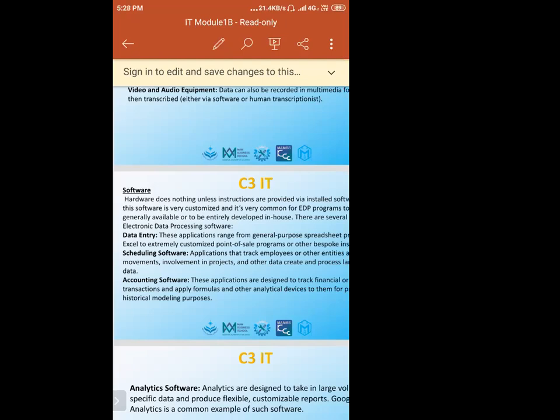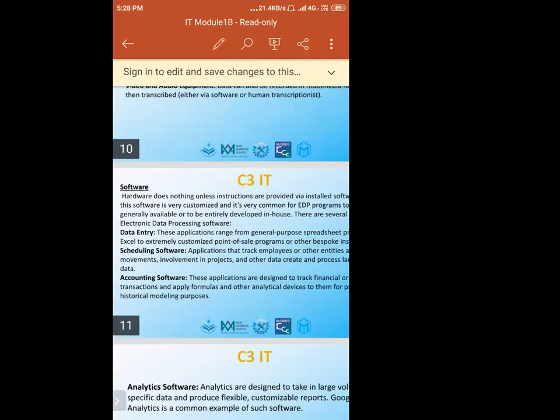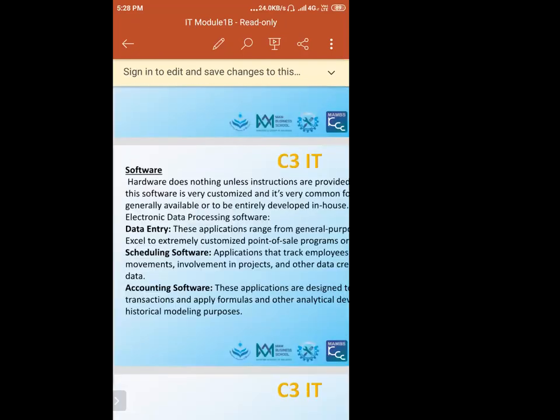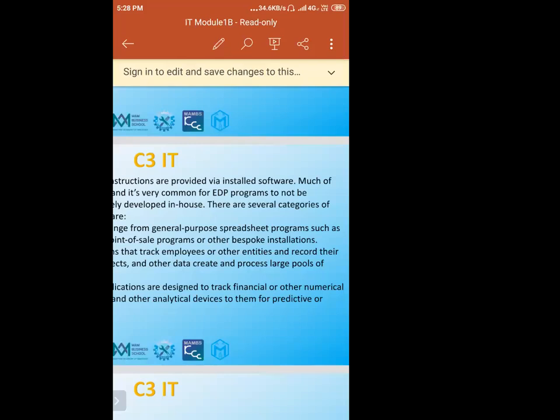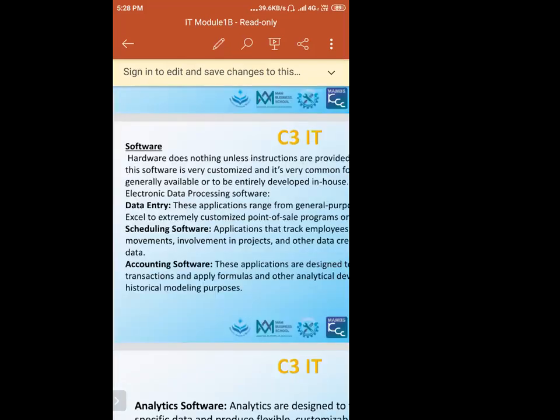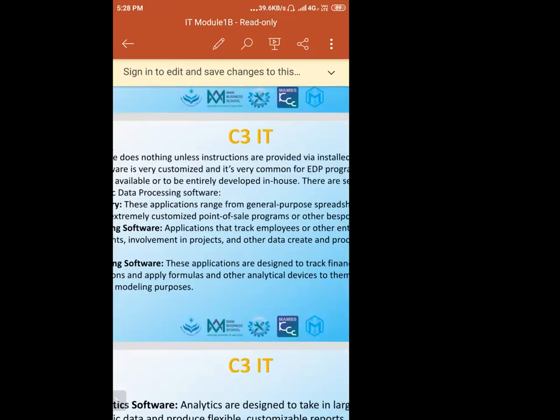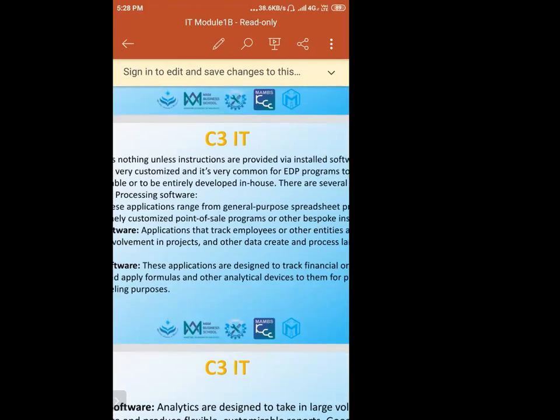Then scheduling software. Next, which one? Scheduling software: an application that tracks employees or other entities to record their movements or involvement in a project and other data, to process a large pool of data.